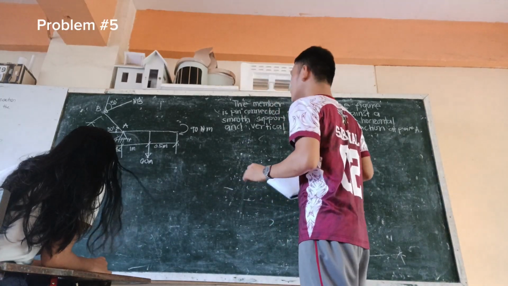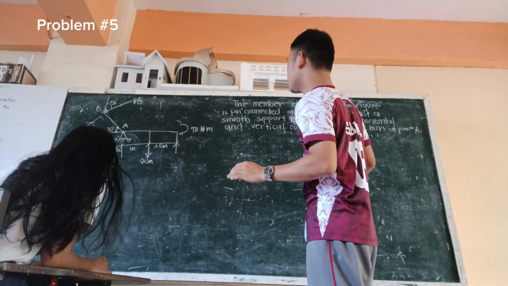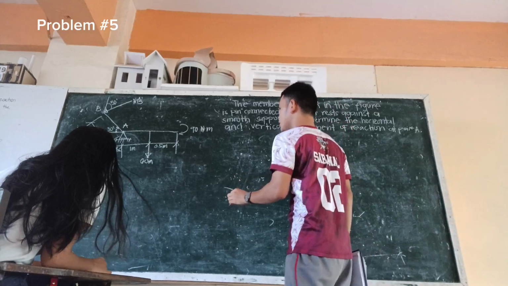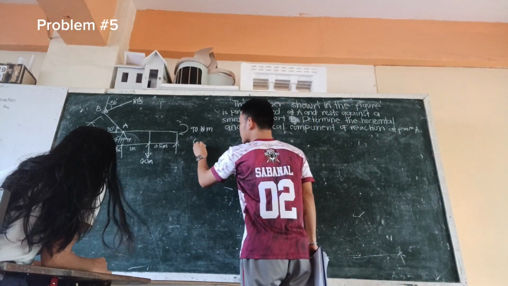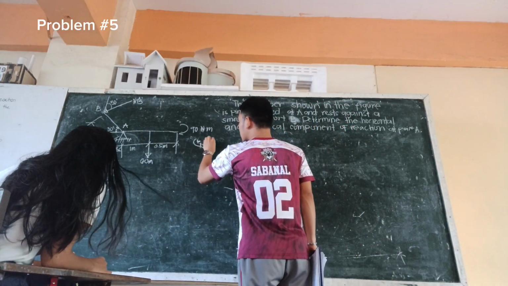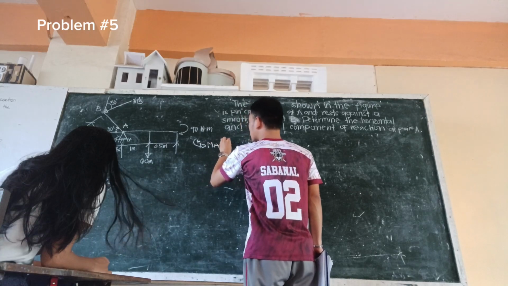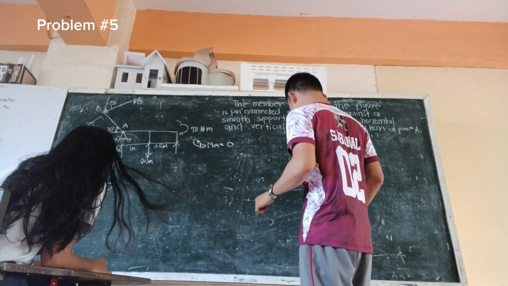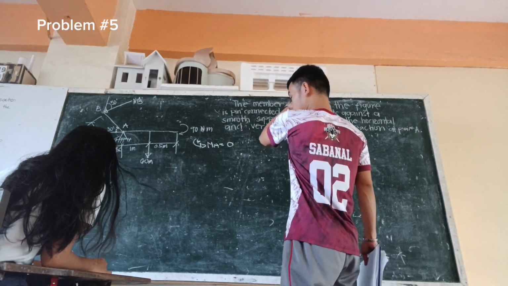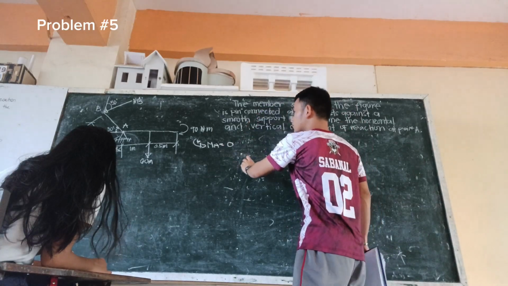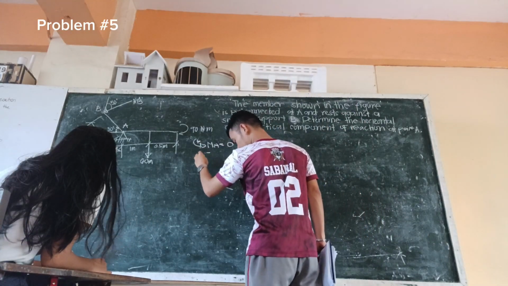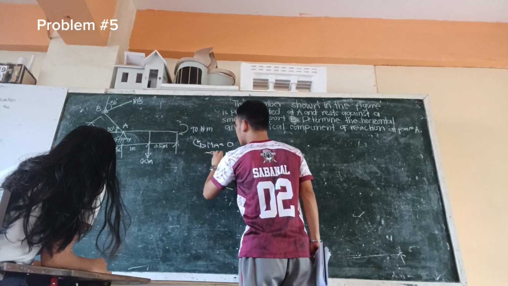Next, first we are going to solve for the moment at A. So the summation of moment at A is equal to 0. So the moment is negative 90 N·m.